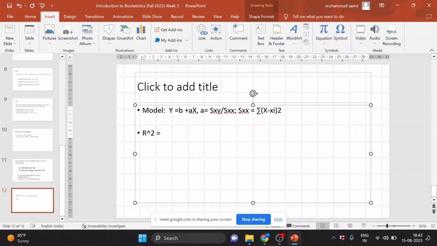R square is given by sum of your residual square divided by Sxy, where your SSR is nothing but summation yi minus y hat, or y predicted.